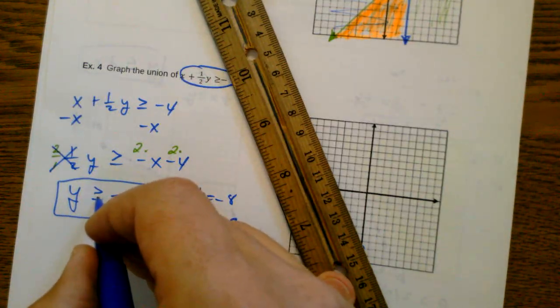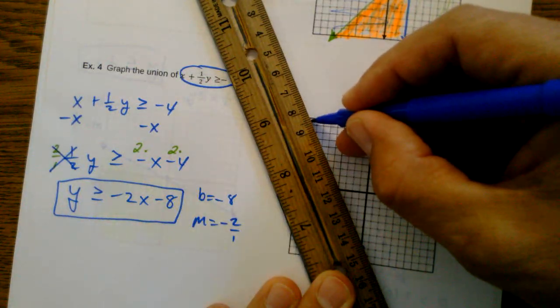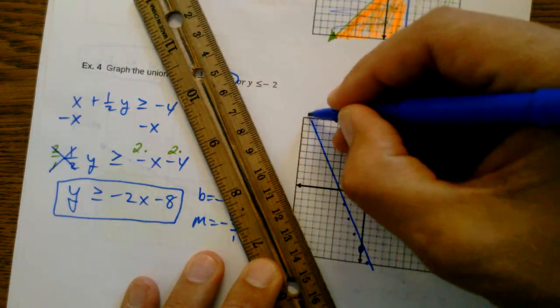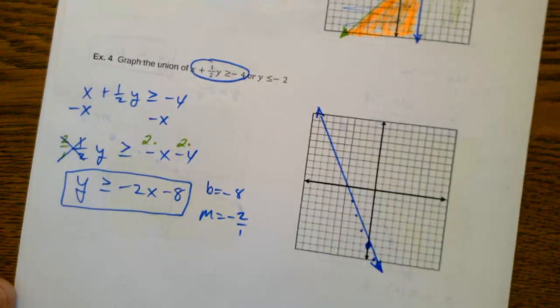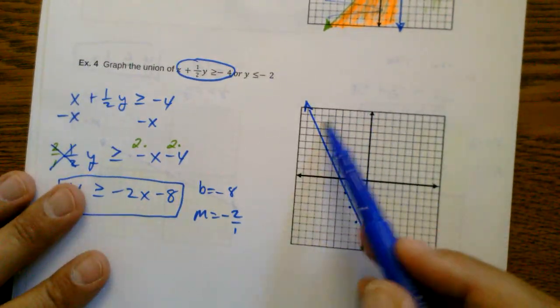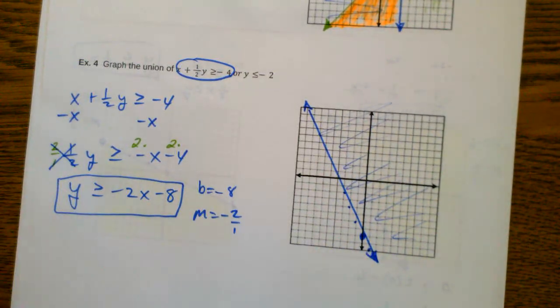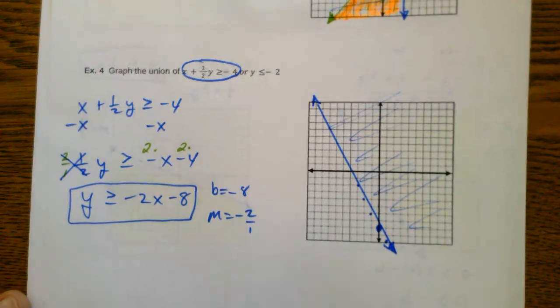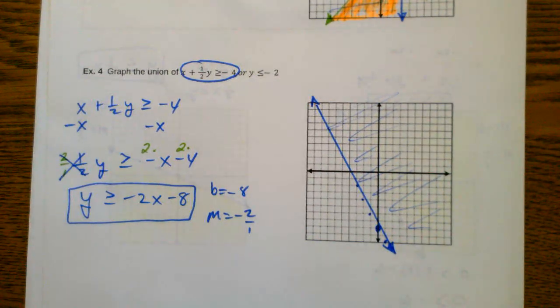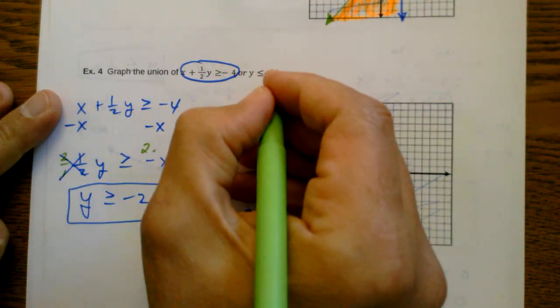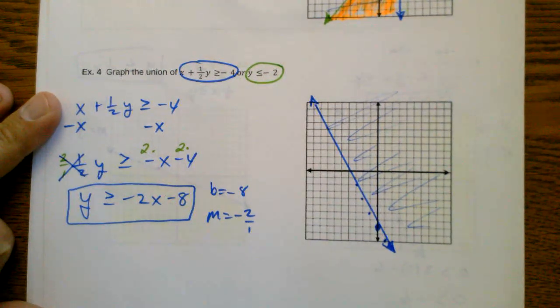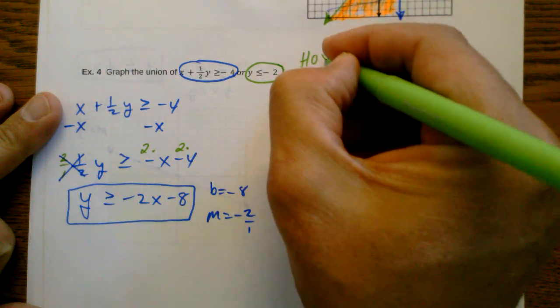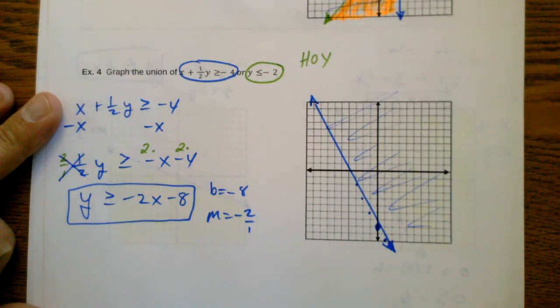Because it's equal to, again, I'm going to use a solid line when I make this. And then it's greater than, so my shading is going to be above. I'll usually do that lightly. The last one I'm going to do is y is less than or equal to -2. Again, going back to Vox Hoi, this is Hoi, or the alphabet, YZ.